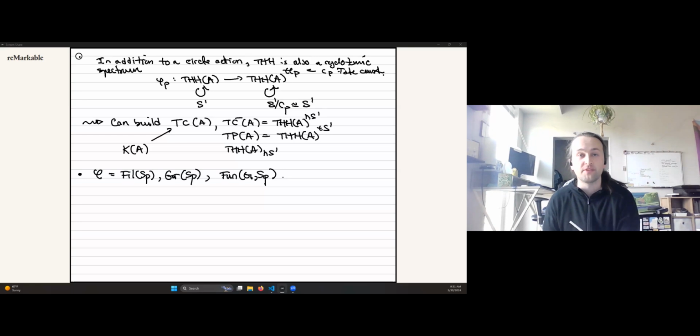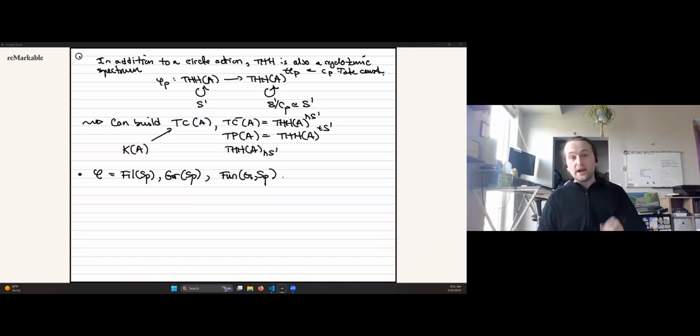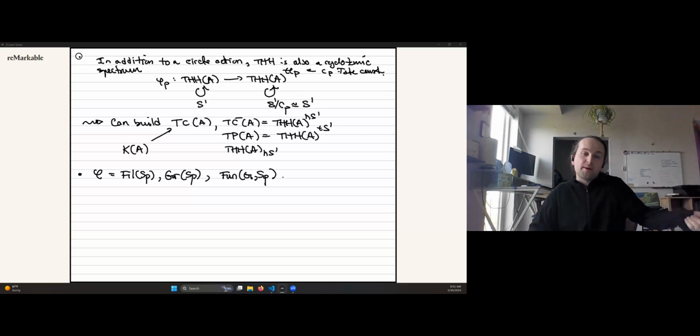These are the examples we're going to be interested in, because these are all symmetric monoidal categories. If you have an algebra in one of these categories, maybe I'll just say really briefly, an algebra in filtered spectra is essentially some filtered object with multiplication maps that add the filtration degrees together.